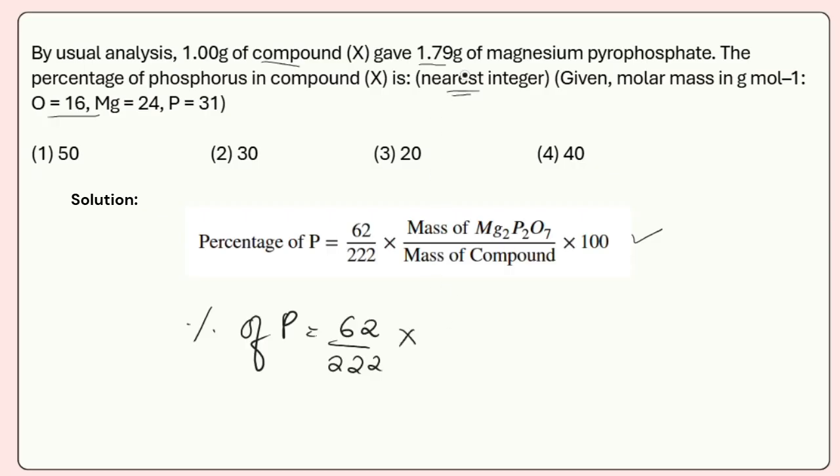Substitute the values. What is the mass of the magnesium pyrophosphate? That is 1.79. What is the mass of the organic compound? 1, multiplied by 100. Then simplify this, you are going to get the value as 49.9, but which is the closest value? The closest value is 50. Therefore, the right option is option 1.